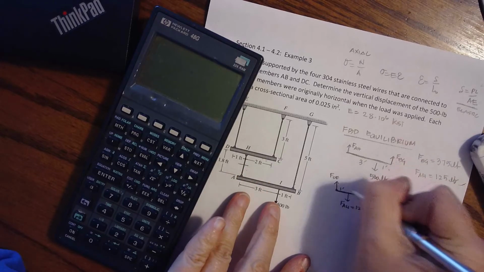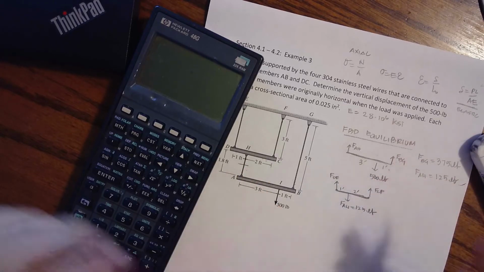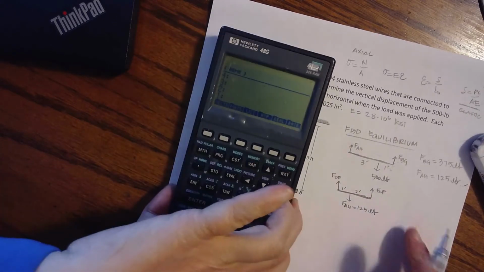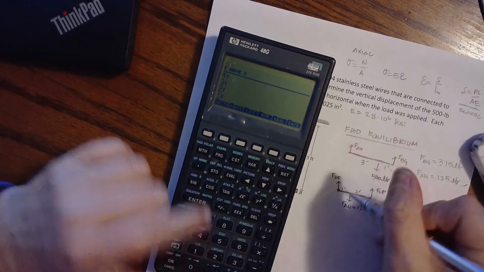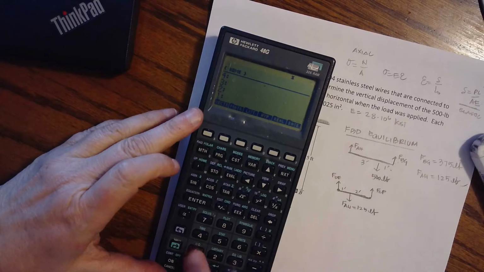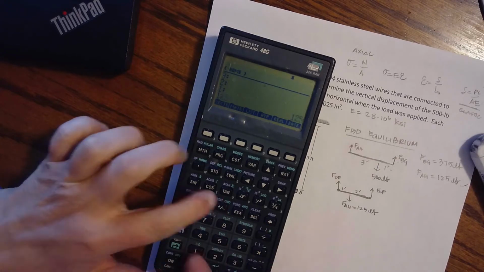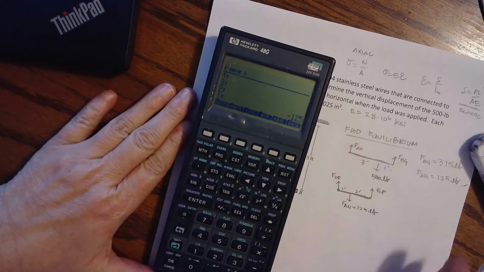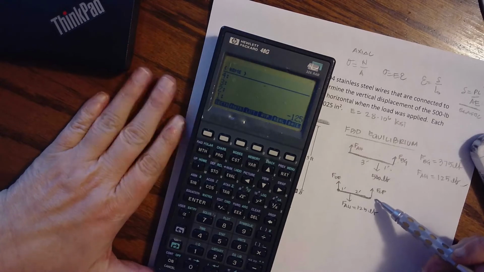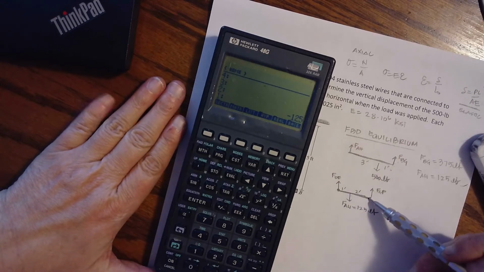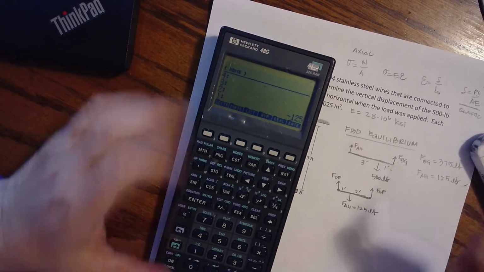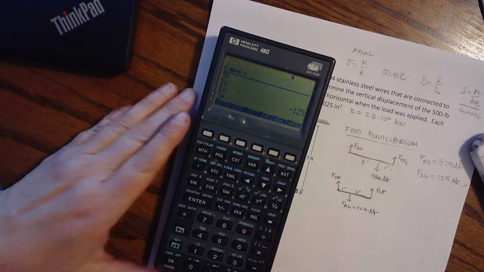So we are at 1 foot and 2 foot. Let's go ahead and take this around, and I have 125 times 1 negative, plus this force times 3 equals 0. Move it over so we can divide this by 3, and look at that.